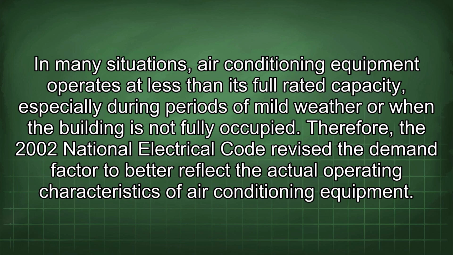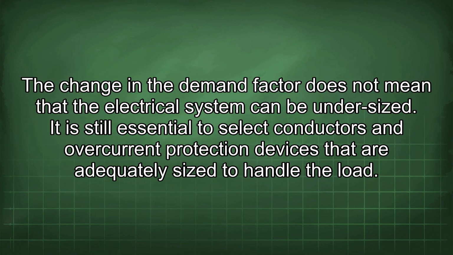Therefore, the 2002 National Electrical Code revised the demand factor to better reflect the actual operating characteristics of air conditioning equipment. The change in the demand factor does not mean that the electrical system can be undersized. It is still essential to select conductors and overcurrent protection devices that are adequately sized to handle the load.